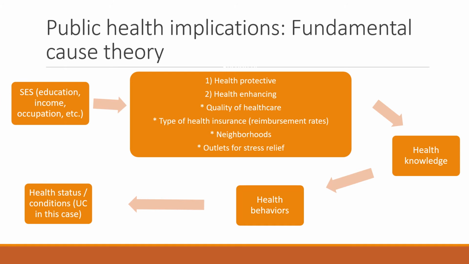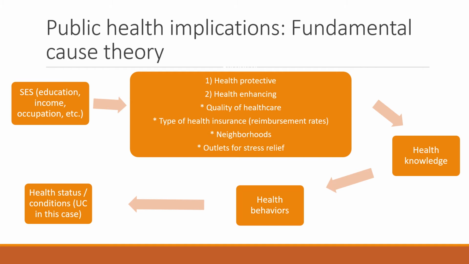Because I'm trained as a sociologist, the public health implications of ulcerative colitis can be understood through the fundamental cause theory. And this is a basic structure of the fundamental cause theory. According to this theory, our socio-economic characteristics like our education, income, and occupation determine whether we have access to health protective and health enhancing resources.